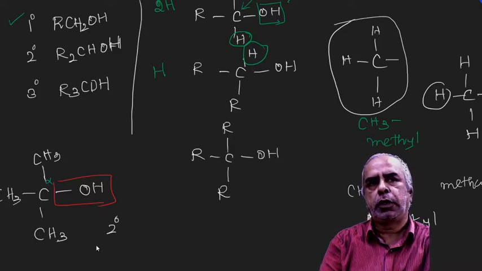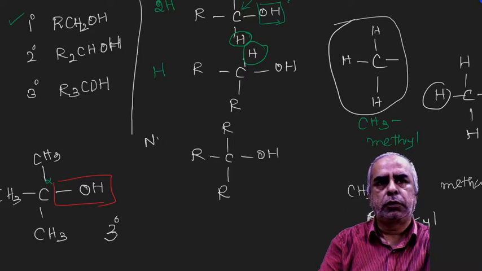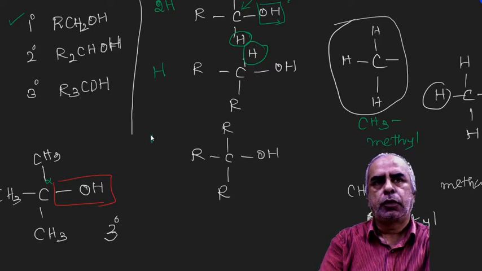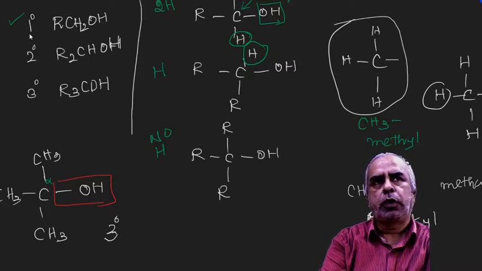All the hydrogens are replaced by CH3, CH3, CH3, so it becomes tertiary alcohol because there is no proton. So if the alpha carbon atom has two hydrogen atoms, you call it primary.